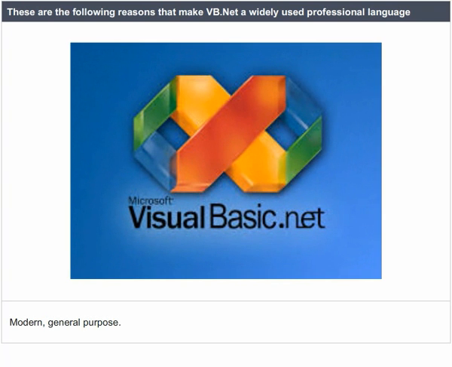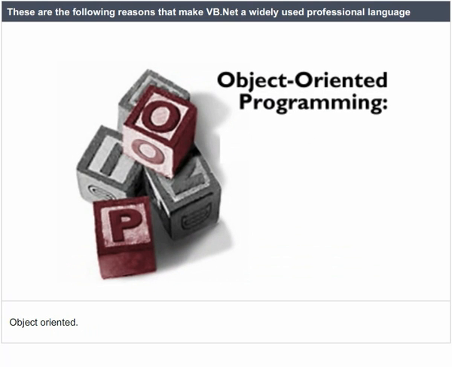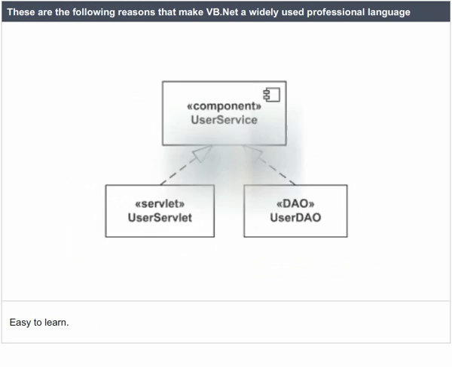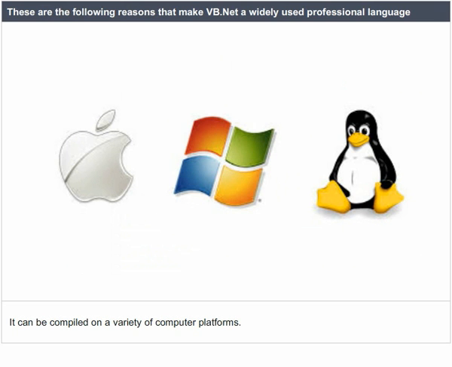These are the following reasons that make VB.NET a widely used professional language: modern, general purpose, object-oriented, component-oriented, easy to learn, structured language. It produces efficient programs. It can be compiled on a variety of computer platforms.